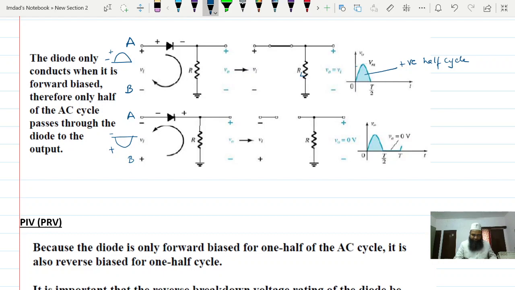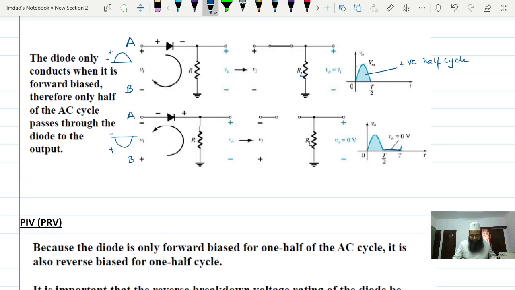An ideal diode under reverse bias behaves like an open switch, hence the applied voltage does not reach the load resistance RL due to the open circuit, and during this negative half cycle the voltage will be 0.